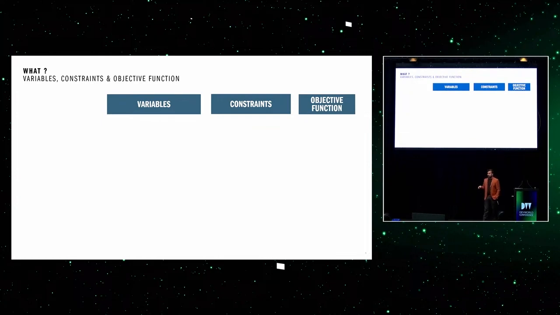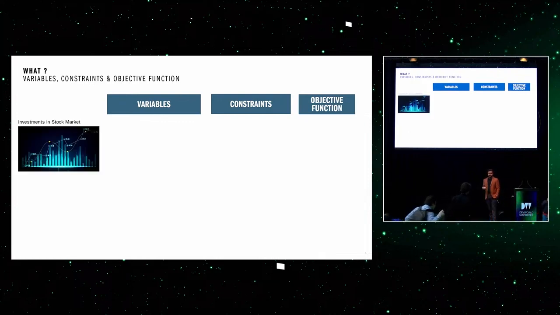And in order to understand what are these 3 different components, let's take a few daily use case examples. The first one is investments in stock market. I would say it's a pretty common use case. Many of us might have already done this before. But what are the different types of data that you need to get before you start investing, right?